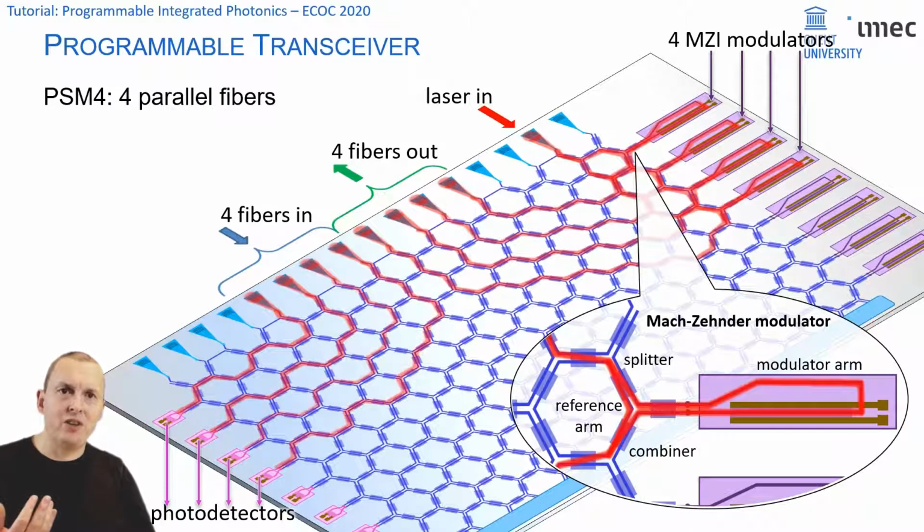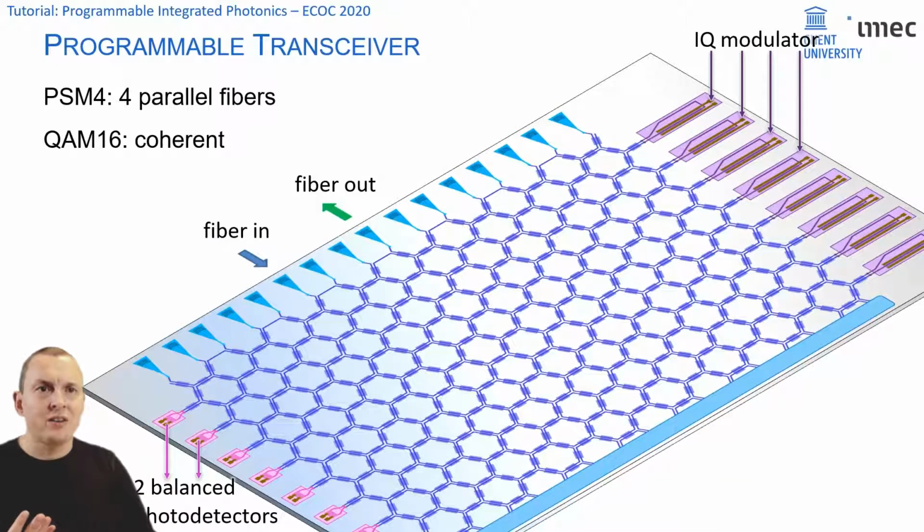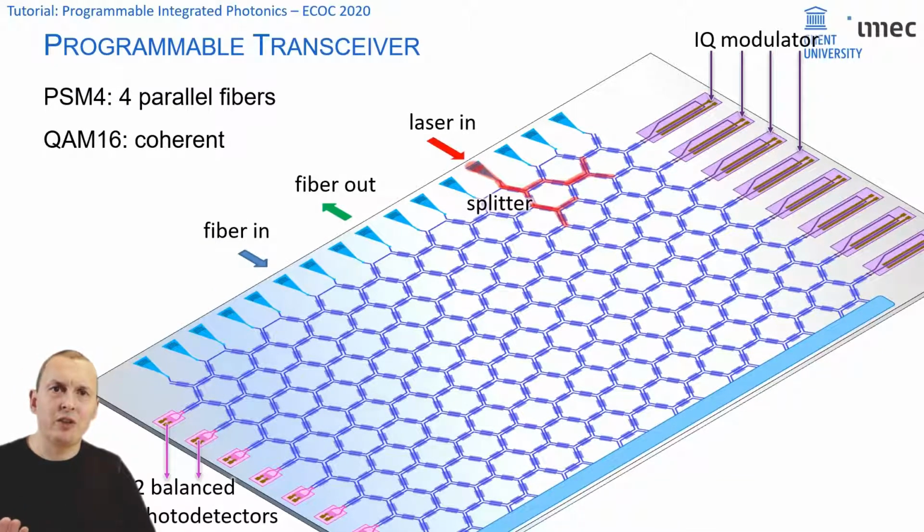And at the receiver side, we just have to wire up the fiber ports to the right detector. But we can very easily reconfigure this circuit to build a coherent modulator. So for instance, we build a splitter, we route our paths into an IQ modulator where we do a nice path balance, and then we basically send it to the output fiber.